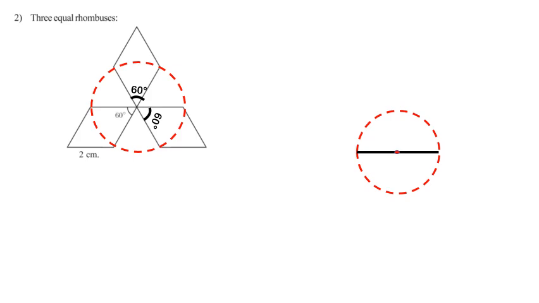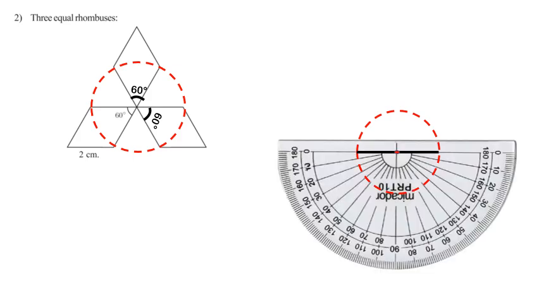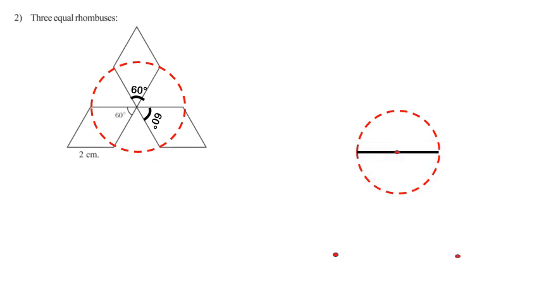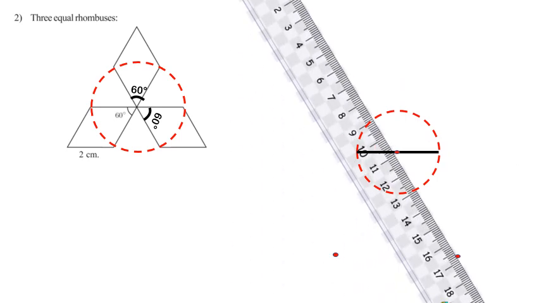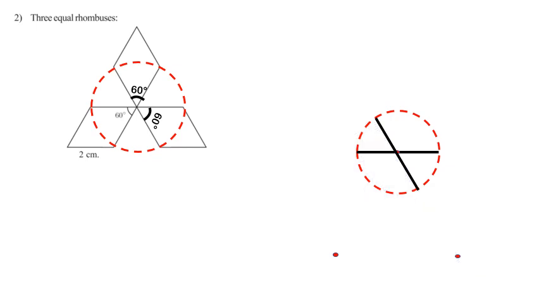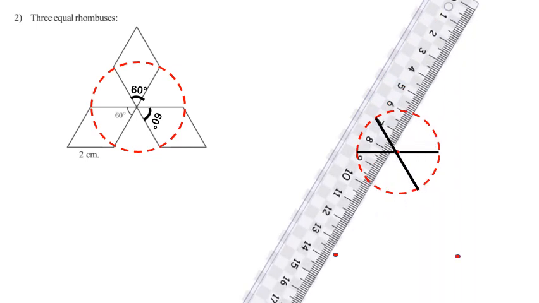Then keep our protractor at this center downward like this. Then mark a 60 degree angle from both ends of this horizontal line. Then use our ruler and draw lines passing through the center to this point. And children, ensure that it is inside the circle only.